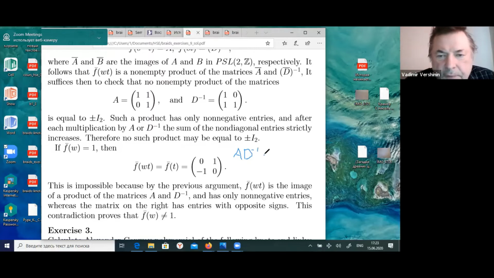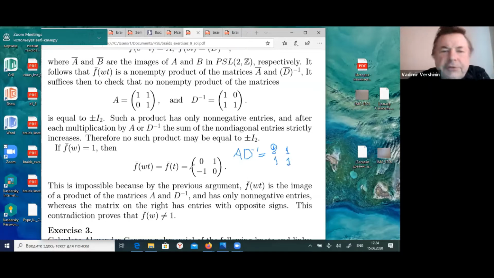Here you will have 2, here you will have 1, here 1, and here 1.